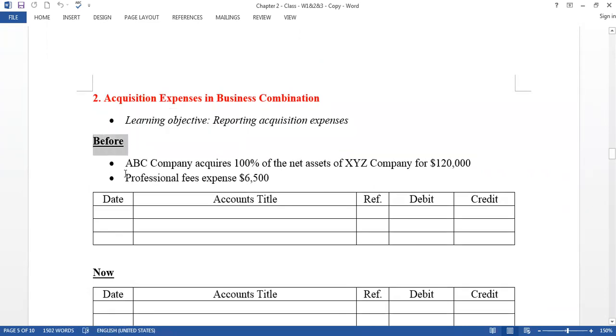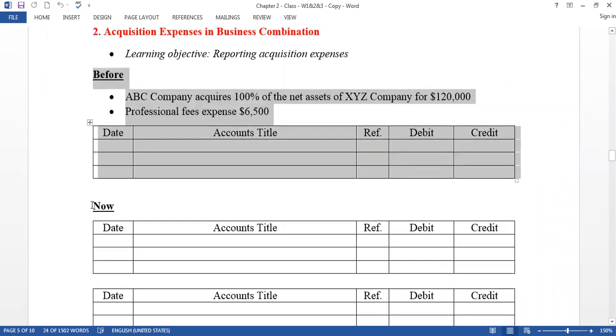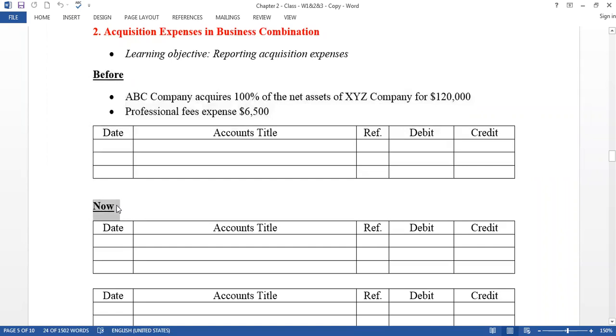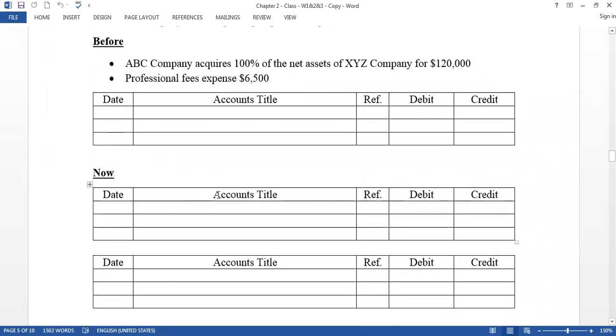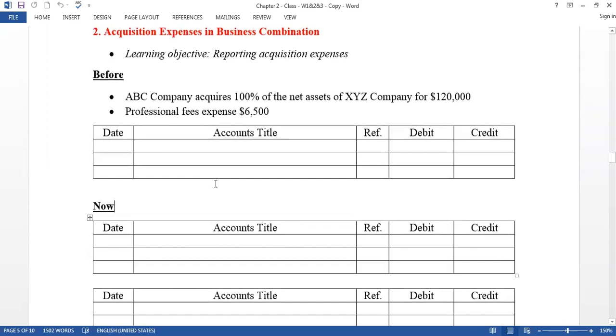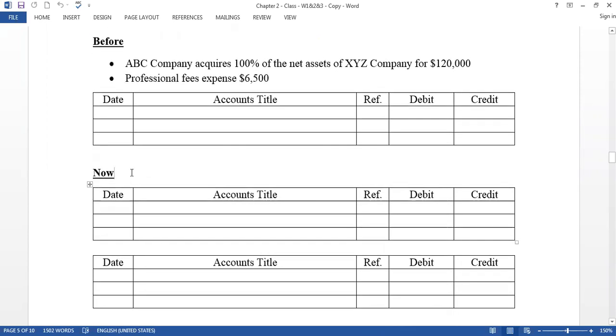But in Advanced Accounting, we are going to learn something new. That means whatever you learned before, you have to forget it. And from today, as we are solving advanced accounting, you have to remember the new rules.